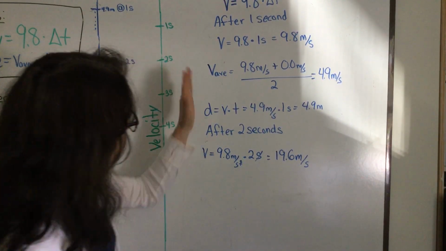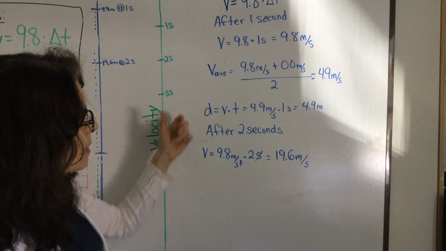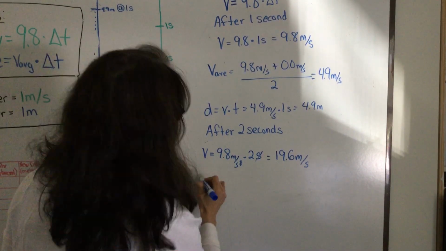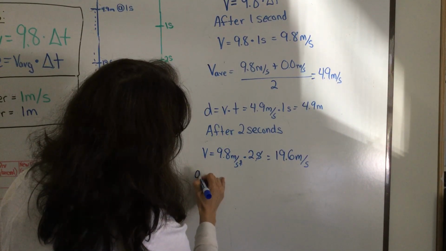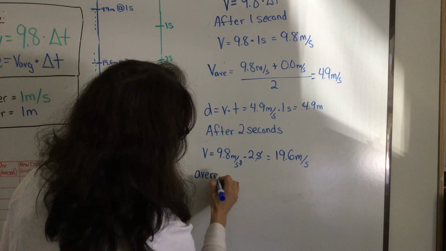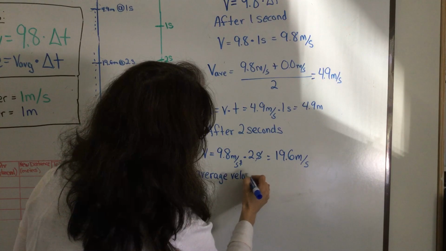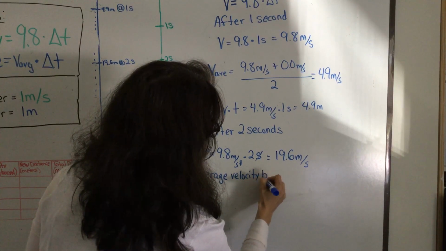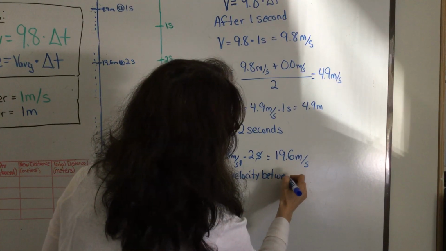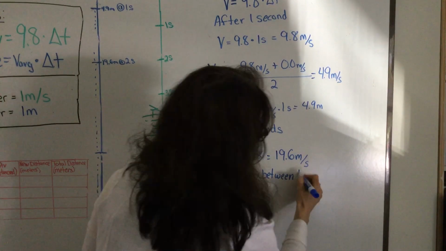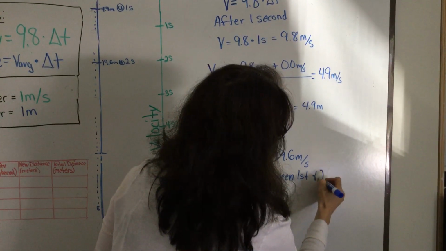What would its average speed be between the first and second second? So I'm going to put average velocity between first and second.